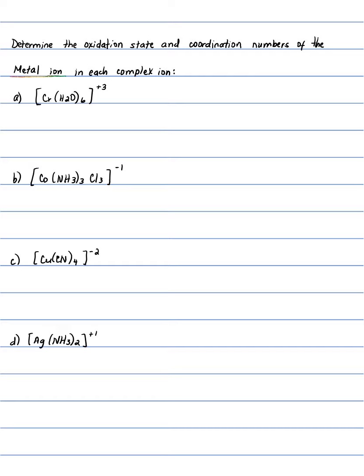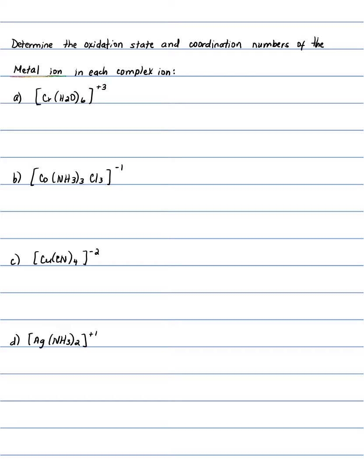So we're going to start by looking at the oxidation state of the metal in these compounds here and the coordination number, so we can check how that coordination number works. Very important for you to see that all of the metals in my examples are transition metals.